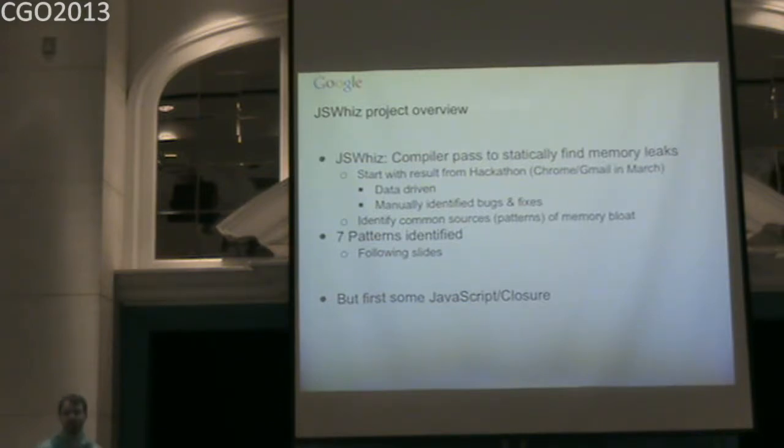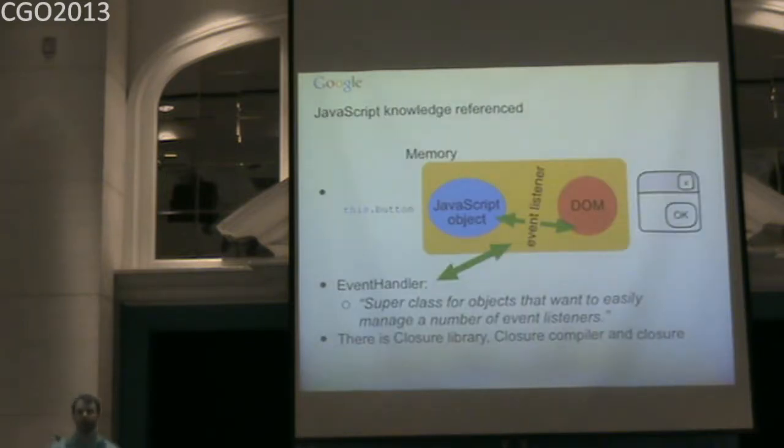We identified 7 patterns, which I'll explain in the next couple of slides, but before I do that, I just want to go through a brief slide of some JavaScript Closure terminology that I'll be using in this paper. The important thing to think of when you're thinking about a JavaScript application is the memory usage. The memory of a JavaScript application consists both of the JavaScript objects as well as the DOM, the document object model.